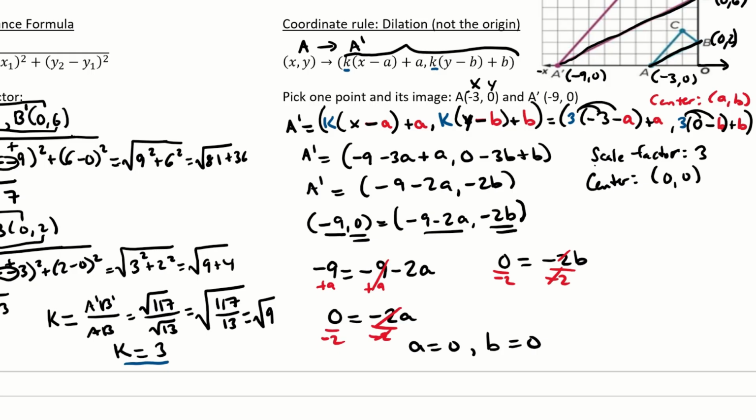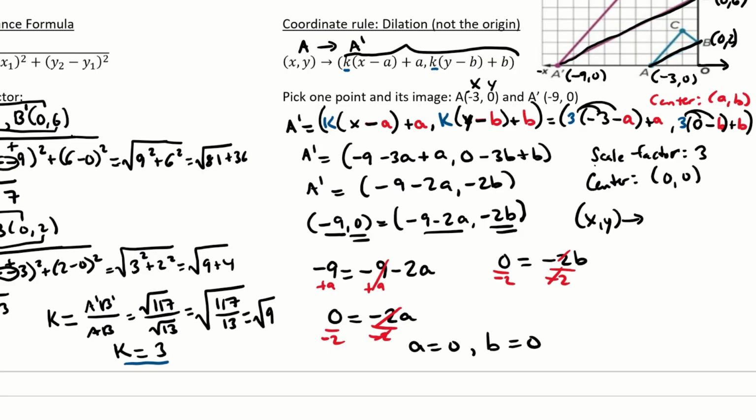And then we can write down the coordinate rule. So the coordinate rule is as follows: x, y maps onto, and well, let's clean this up a little bit. So remember that it was 3 times x. So let's plug it in.